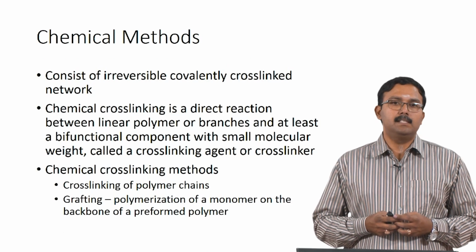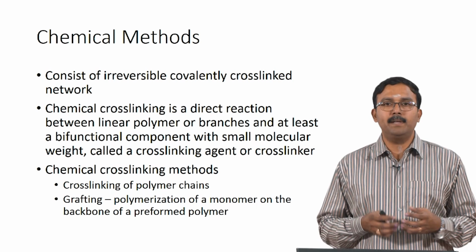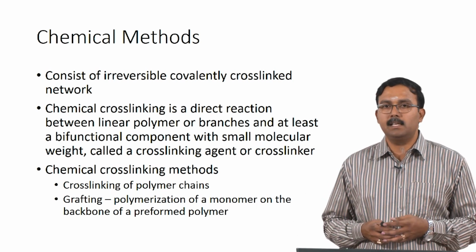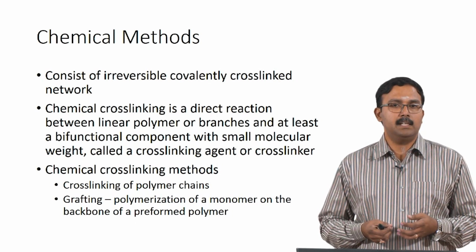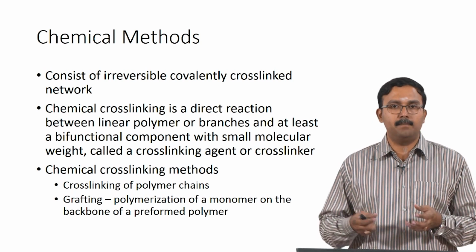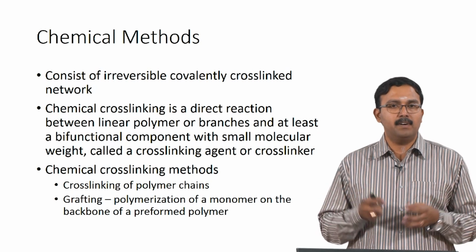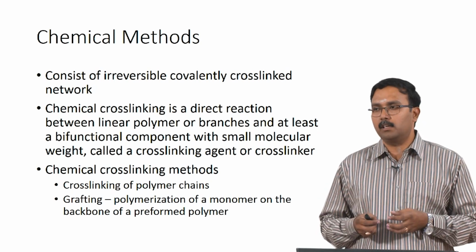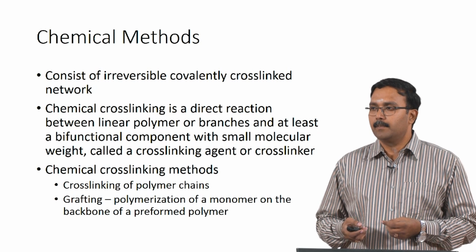Chemical methods consist of forming irreversible covalent cross linking. The chemical cross linking is basically a direct reaction between the polymer or its branches with a bifunctional component of small molecular weight, which is the cross linking agent or the cross linker.